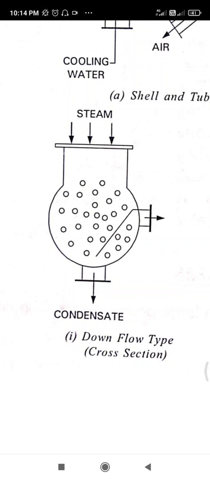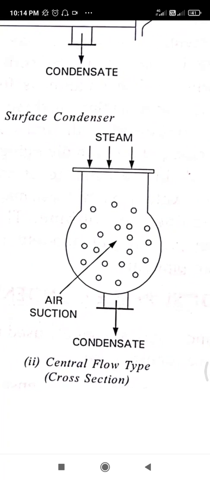Now let's see the central flow type condenser. In this central flow surface condenser, you can see the cross section on my screen.